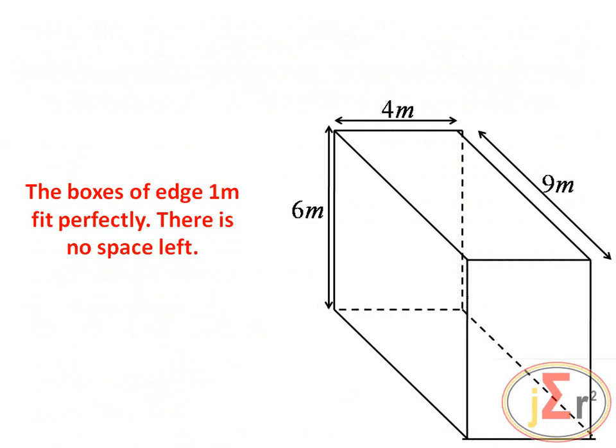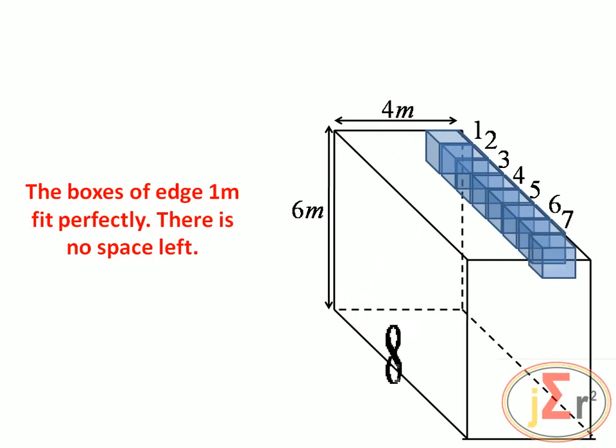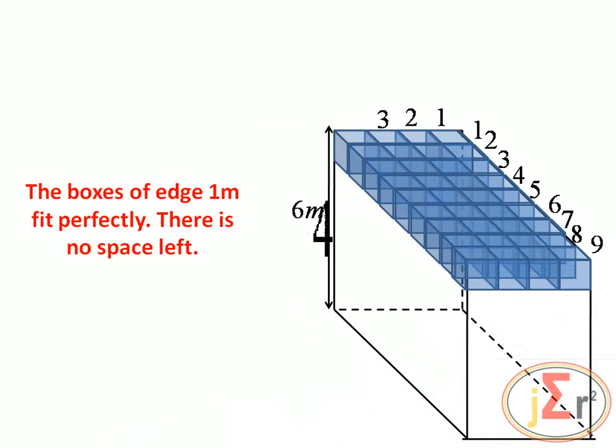The boxes of edge 1 meter fit perfectly. There is no space left. And we do not have to labor over this, because we know from 2 previous slides, the one that we use to construct the back of the truck is the one that makes use of those 1 meter boxes, and the one also that we take a look at how many of them will hold in the back of the truck, which we already knew.